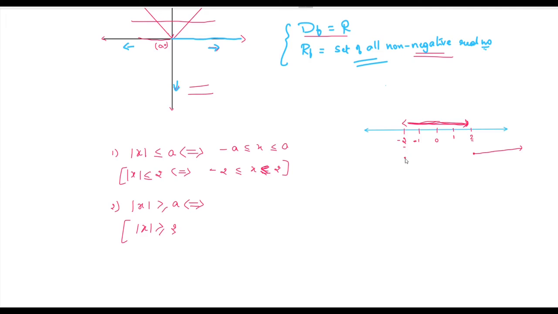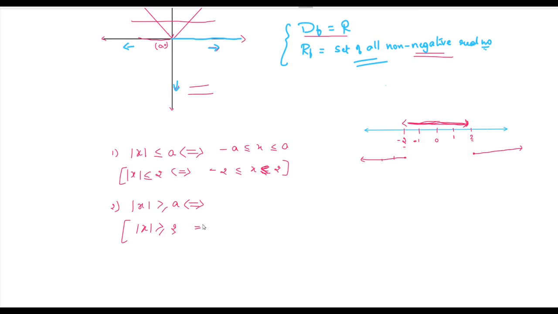Again, if you consider the negative side of the number line, any negative number less than minus 2, definitely its distance from 0 is more than 2. That means we are not considering the value of it, we are considering the absolute value, that is the distance from 0.